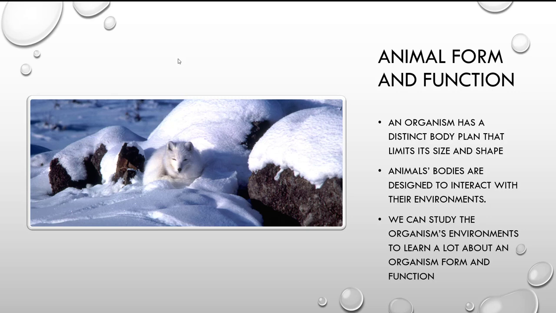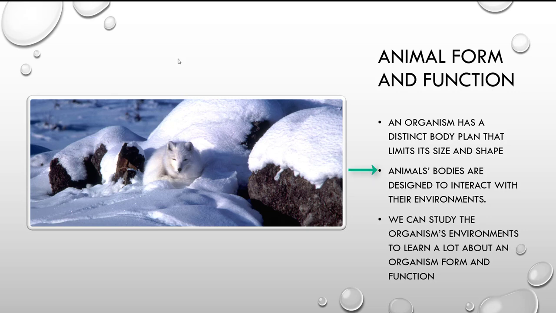So if you think about what's the largest animal on Earth, it's a blue whale. And where does it live? It lives in the ocean. So that large blue whale that's larger than a school bus, I don't remember the exact size, but it's really, really big. And it can survive because of the buoyancy in the ocean that allows it to be that big. But something like that can't really be on land because of the forces of gravity and so forth.